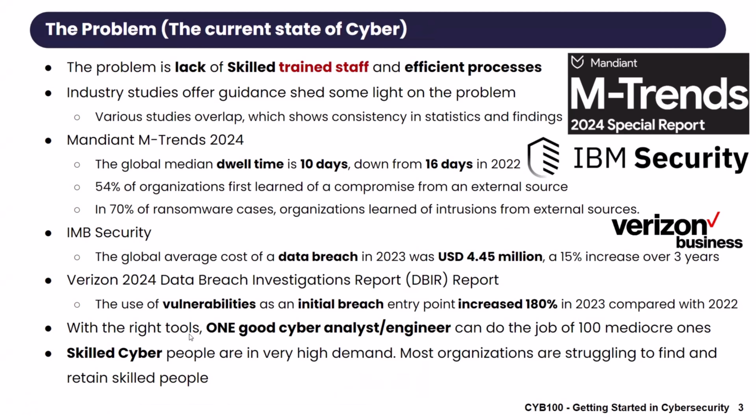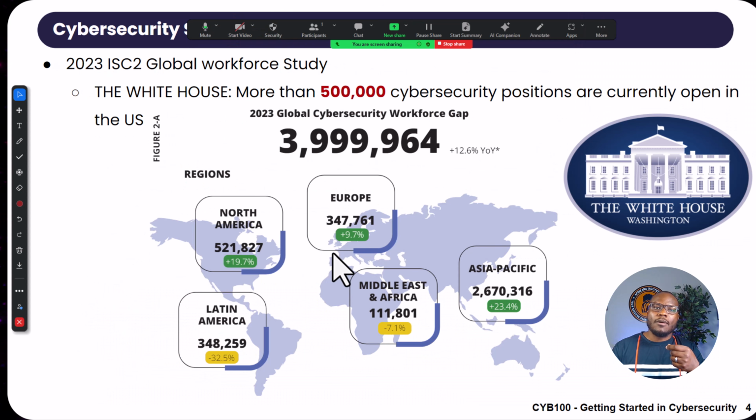With the right tools, one good cybersecurity engineer or cybersecurity analyst can do the job of 100 mediocre ones. Literally. So the reason why you're not getting hired is because of skills. You've got to know what you're doing. And cyber is a little bit hard, right? You've got to have a little patience as you're trying to break in. All right, with that, let's keep going.